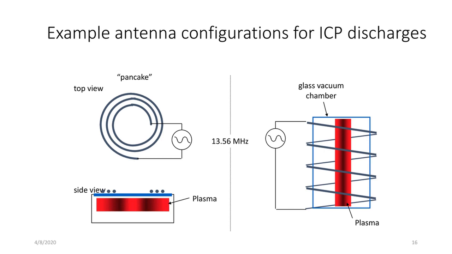When this gas is ionized, the transfer of energy causes a heating effect, and this heating melts down your material, ranging up to 10,000 Kelvin temperature. This kind of torch arrangement in top view is called a pancake arrangement.